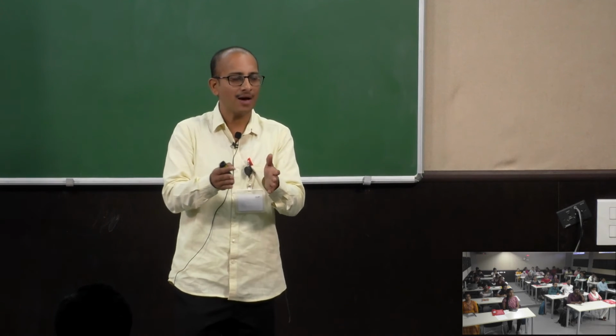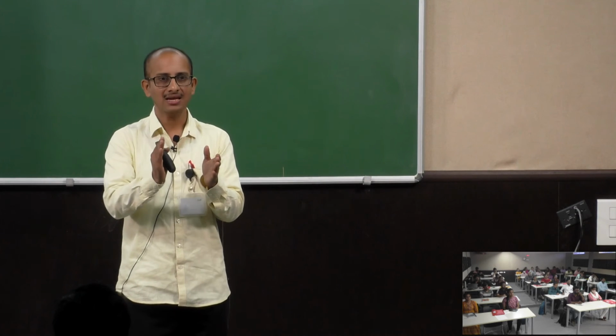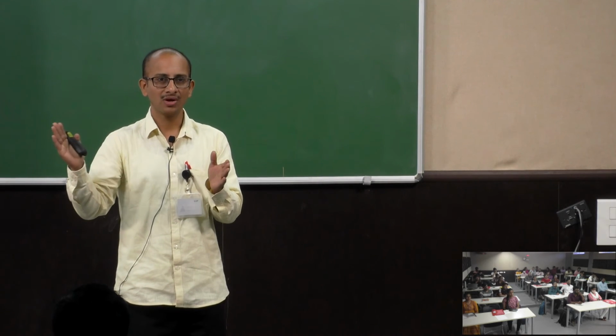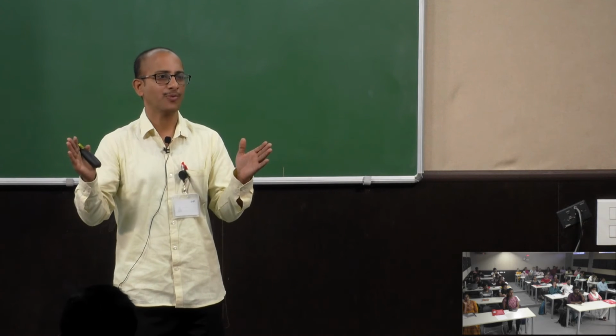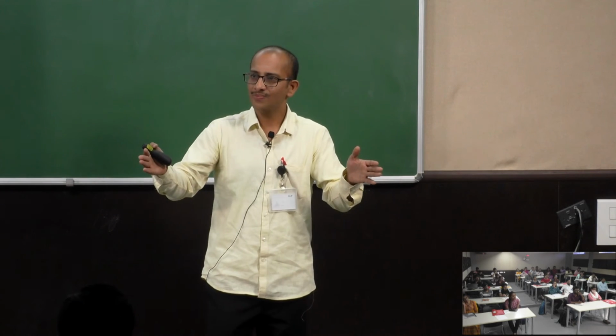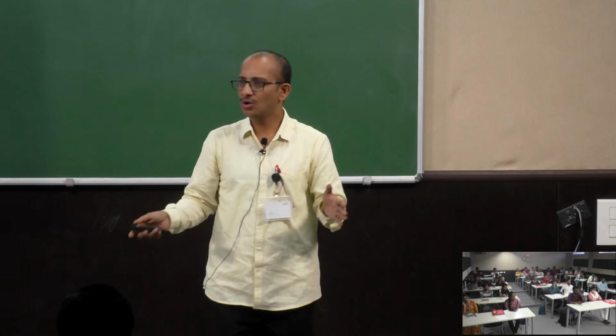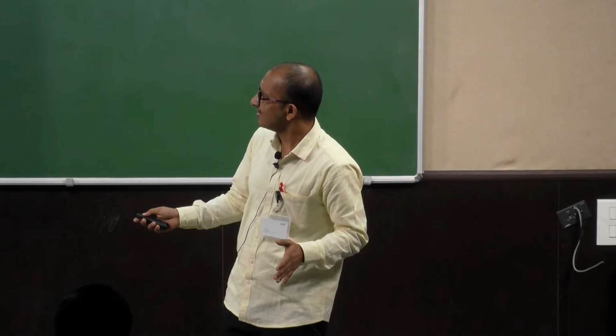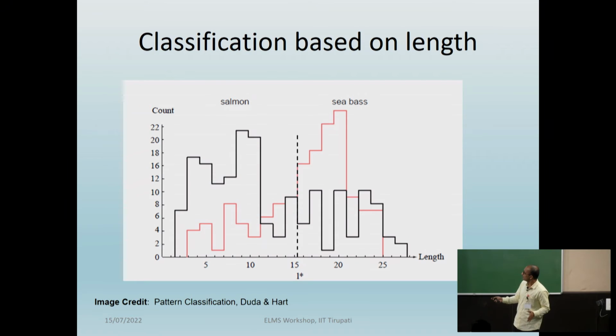For example, I can put the threshold as 10, or I can also put 15, but which threshold should we put? If I have enough training samples, I will see the lengths of all of them and then decide. Usually, above this threshold I can put a sample into the sea bass class, and below this threshold into the salmon class.